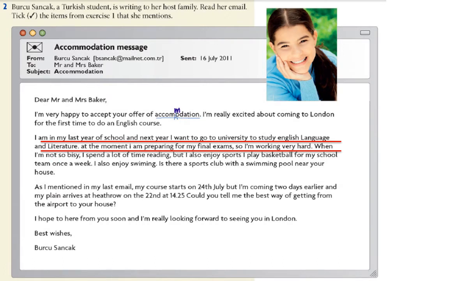At the moment, I am preparing for my final exam, so I am working very hard. So these two lines are kind of personal information, because Parko was talking about herself.